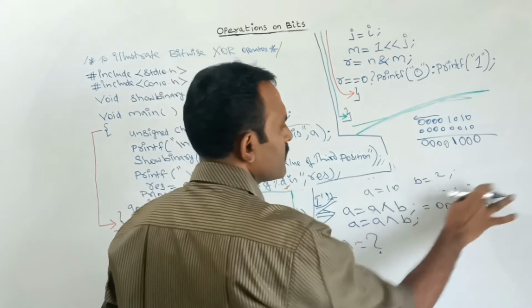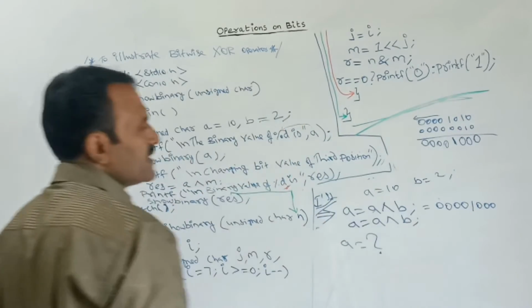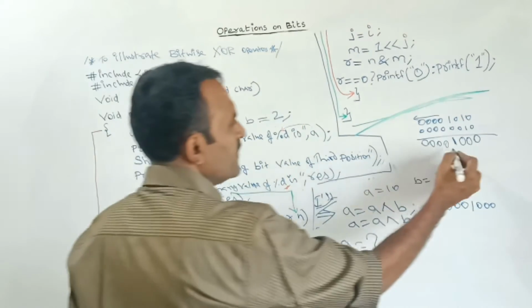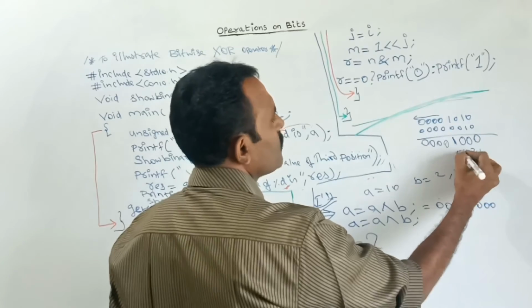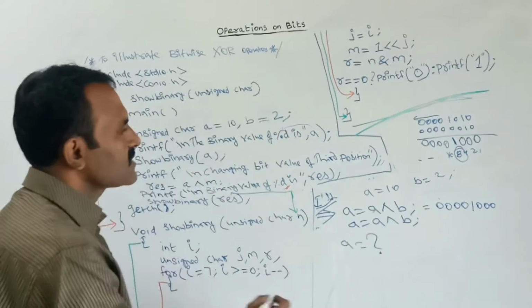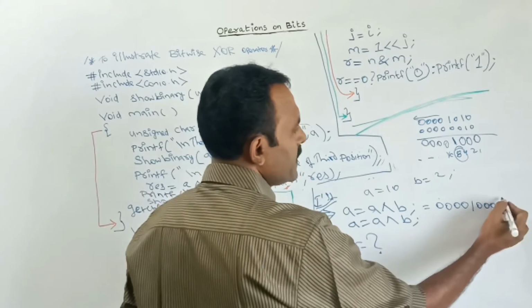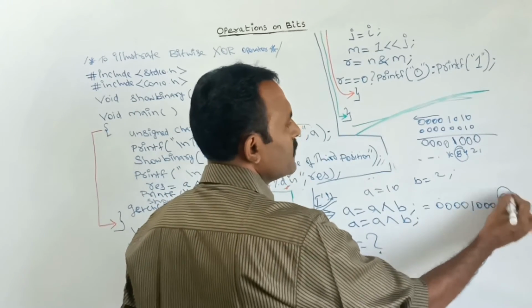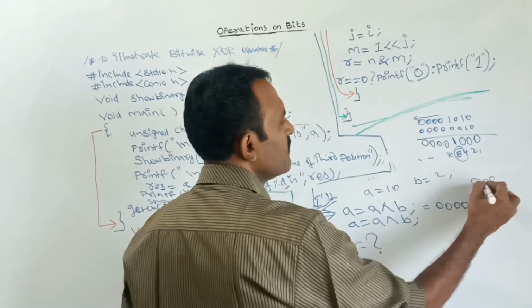What is the decimal value of this? If I convert it into decimal, 8 is the decimal value. So the first time, this is the binary value and this is the decimal value. The decimal value is 8.